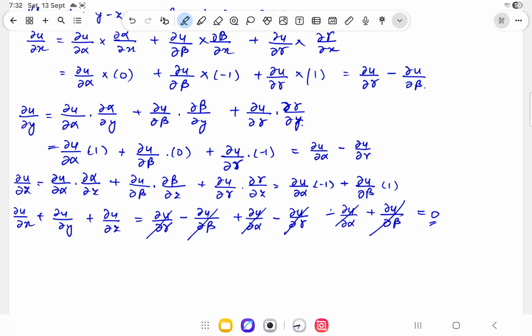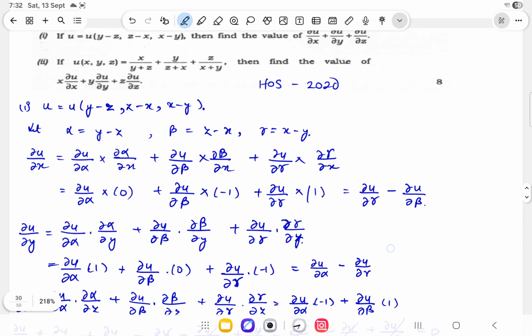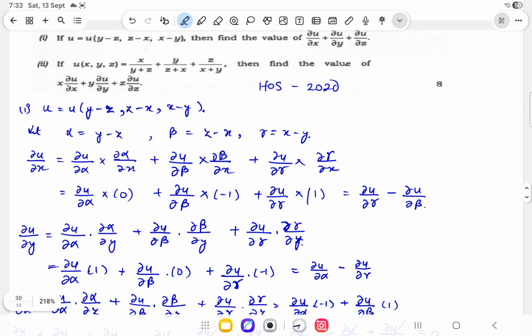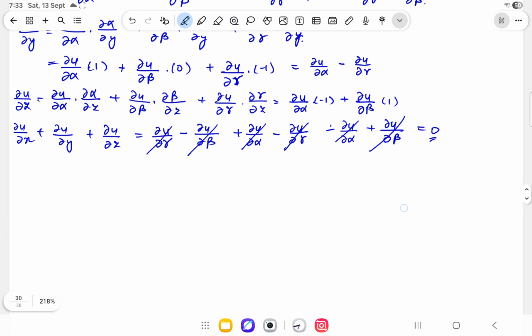So in the next part, there are two parts in this question. They have given us u, which is a function of x, y and z, and we're supposed to find del u by del x plus del u by del y and so on.